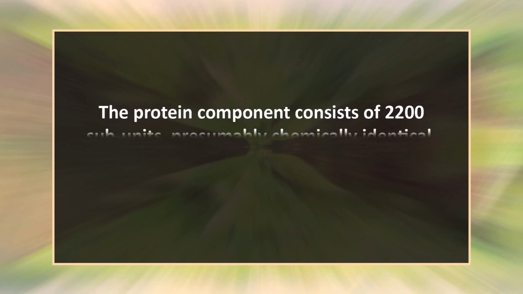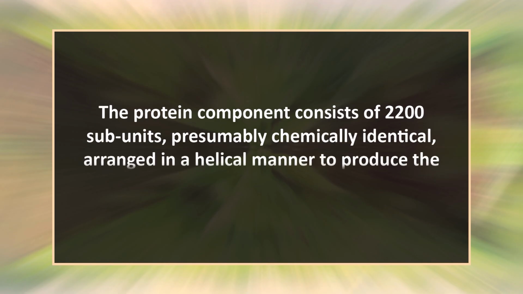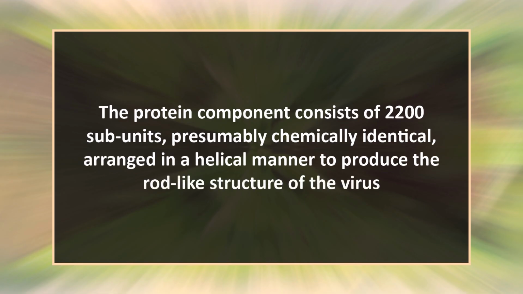The protein component consists of 2,200 subunits, presumably chemically identical, arranged in a helical manner to produce the rod-like structure of the virus. Embedded within the protein helix is the RNA, consisting of 6,600 nucleotides and appearing to follow the pitch of the helix of the protein subunits.